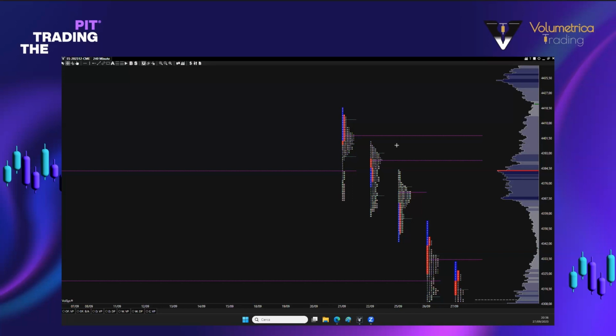I'll give you an example of that, so we can also go through some of the functions of the platform and look at the practical use of the information provided by the market profile.